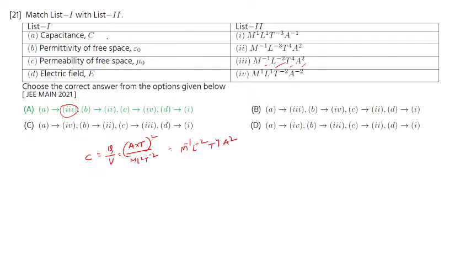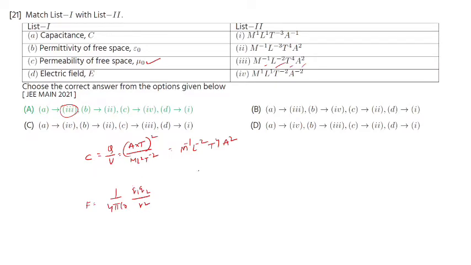Next, if you want, you can go even with epsilon naught calculation also. If you know the epsilon naught dimensions, then you can easily find the dimensions of mu naught, permeability of free space. I will give you an example. F is equal to 1 by 4 pi epsilon naught Q1 Q2 by R square, right?